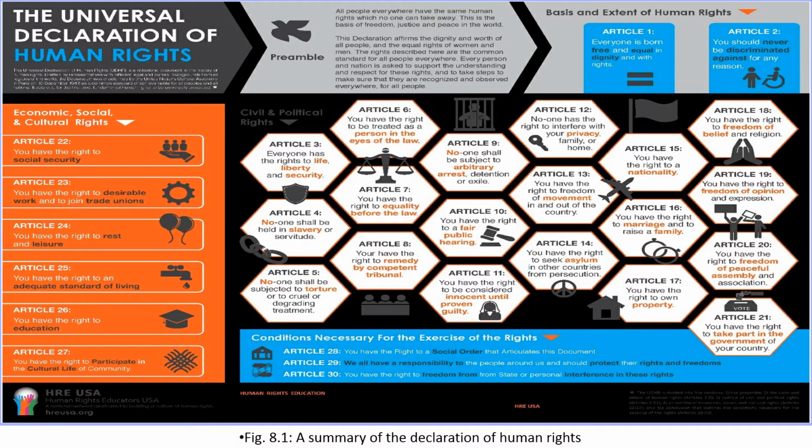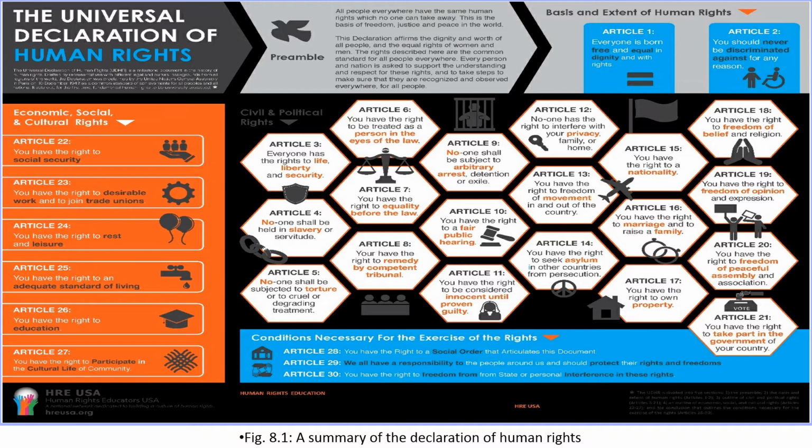We have some specific provisions of the Universal Declaration of Human Rights. If we look at the preamble here, it talks about the equality of people, recognizing that for as long as we are human beings, everybody, these provisions will be applicable to us.